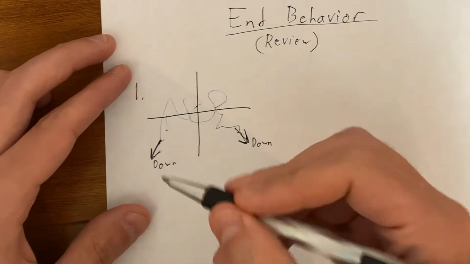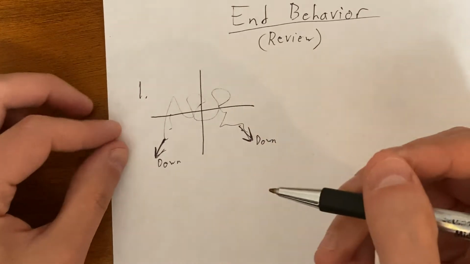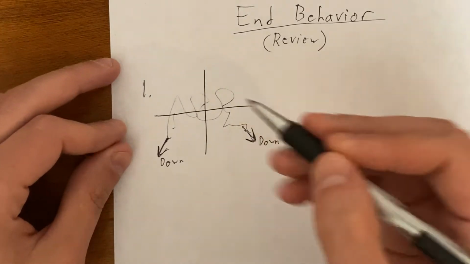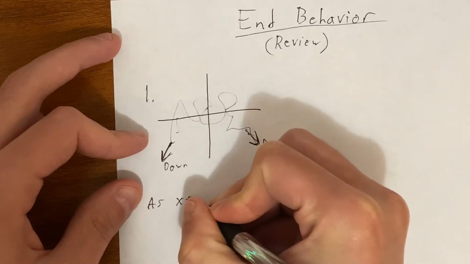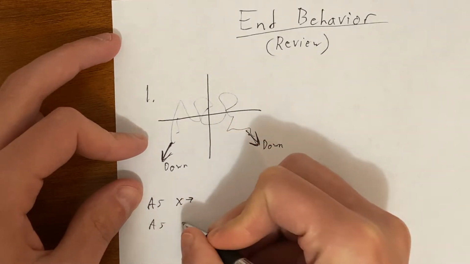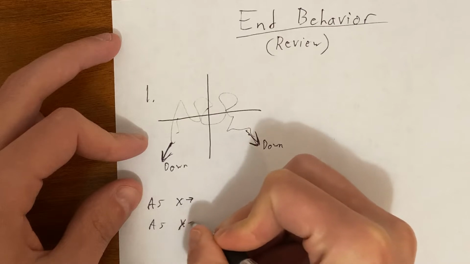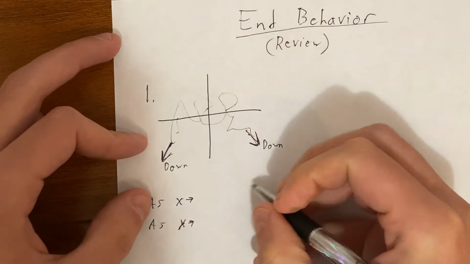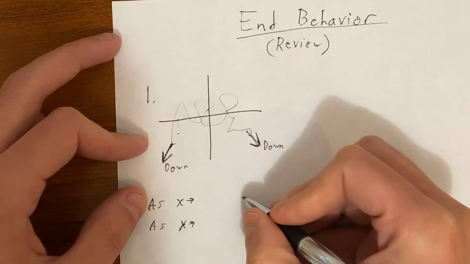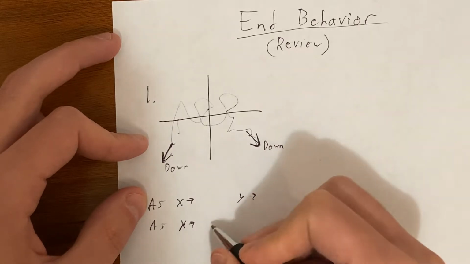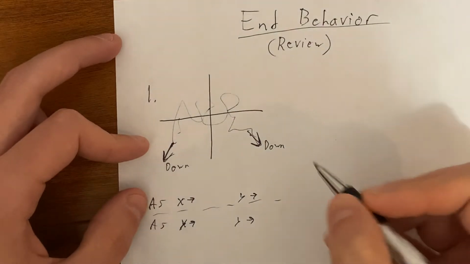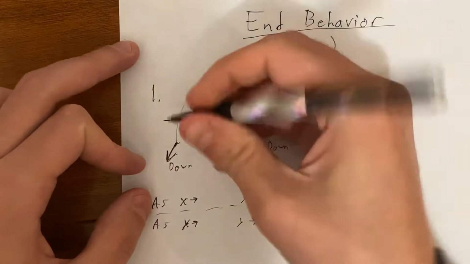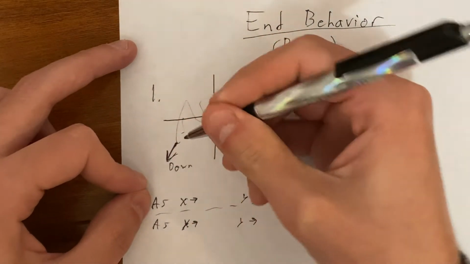Now, the way you write it differs depending on what course you're in. The way we are going to be doing it is this way. As x approaches something, then y is going to approach something. And since there's two ends, we're going to have to write this twice. So over here, this is considered the left, because it's on the left.